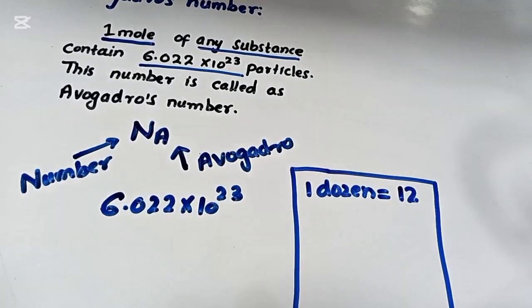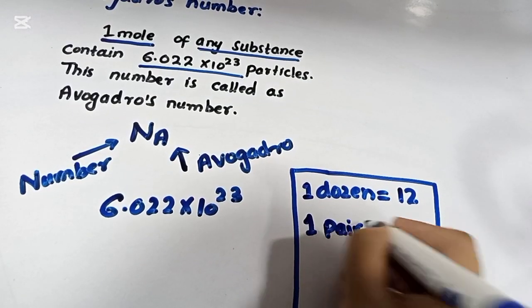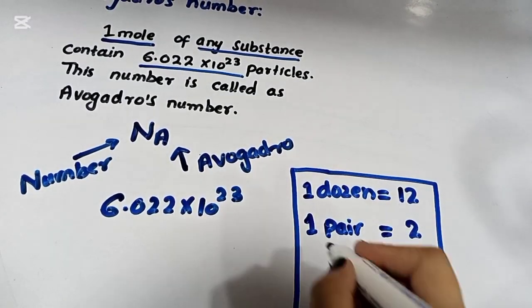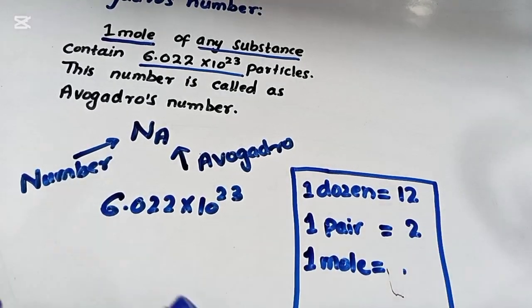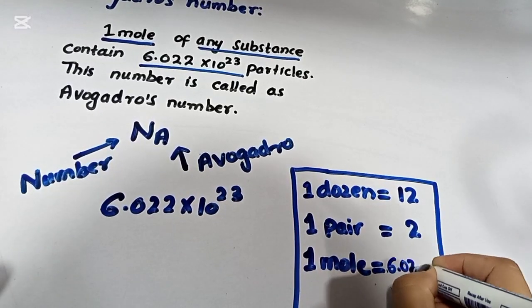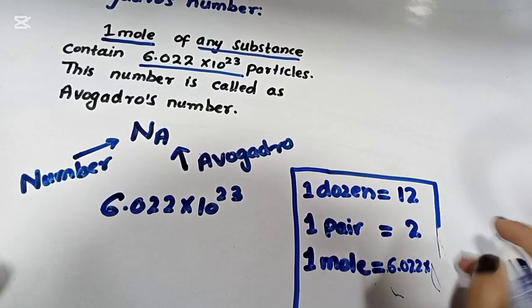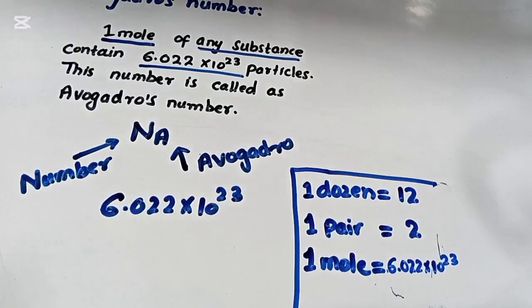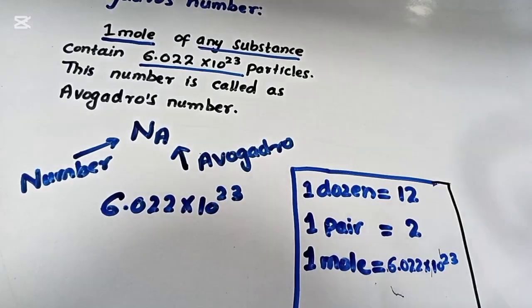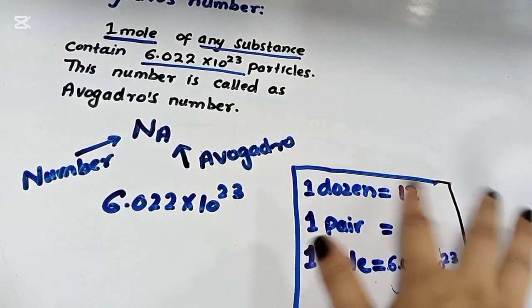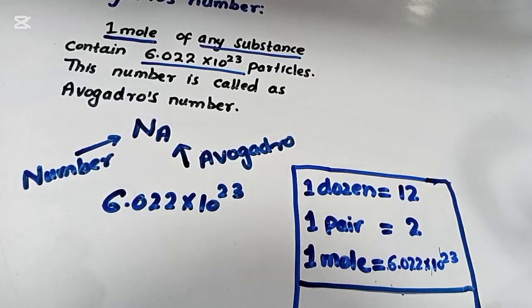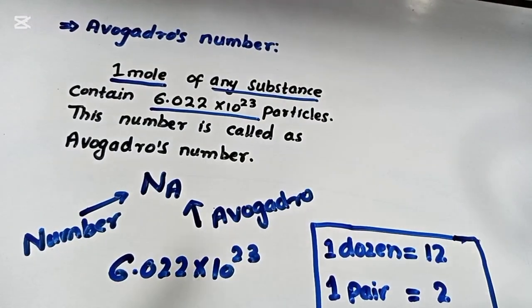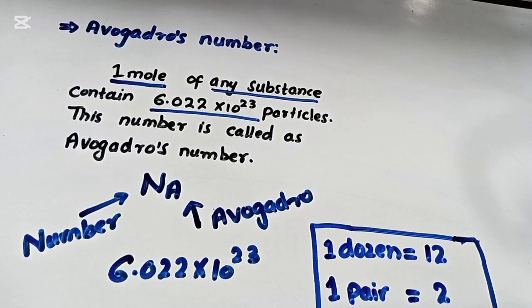As we know, 1 dozen is equal to 12, 1 pair is equal to 2, and 1 mole will be equal to 6.022, that is, 6.02 × 10^23. This is the number reserved for 1 mole of any particle: as 1 dozen is 12 and 1 pair is 2, 1 mole will be Avogadro's number.